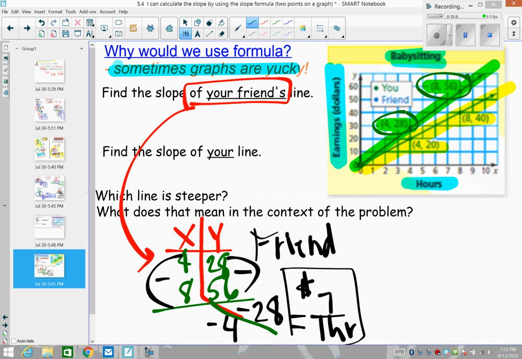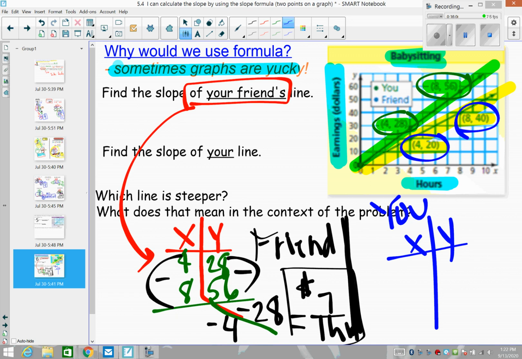So let's see what happens with you. I'm going to use blue for a different color there. You make data points of 4, 20. That means in 4 hours you made $20. And 8, 40. So in 8 hours you made $40. And maybe some of you already see what that means.